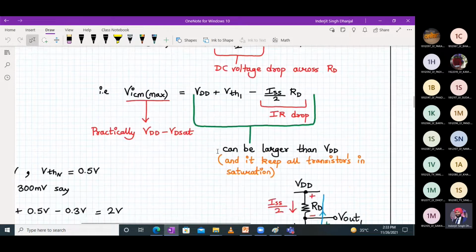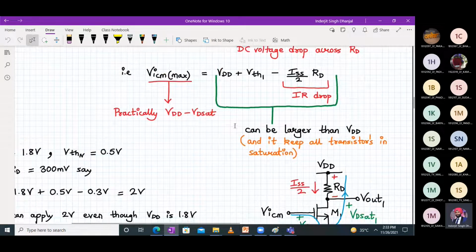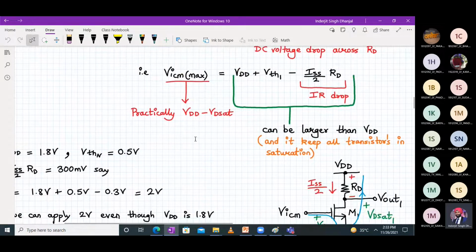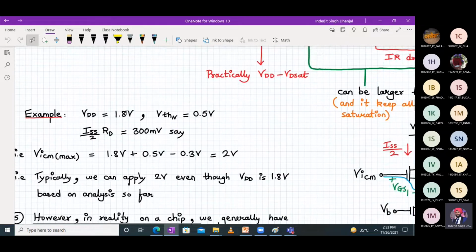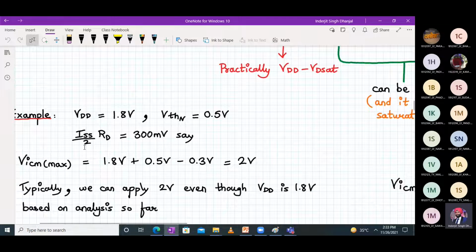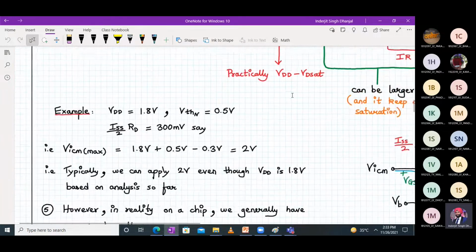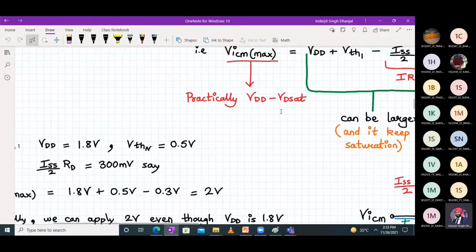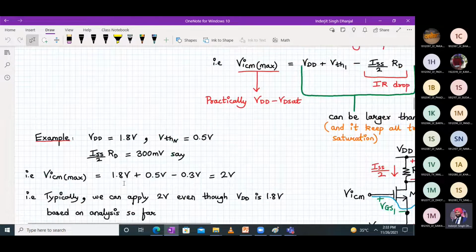If you look carefully over here, let me take some values. Let's say VDD is 1.8 volt, VTHN is 0.5, and ISS by 2 into RD is 300 millivolt. So what is the VICM max value? It will be VDD, which is 1.8 volt, plus VTH, which is 0.5, minus ISS by 2 into RD, which is 0.3.